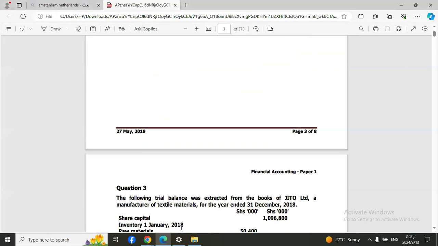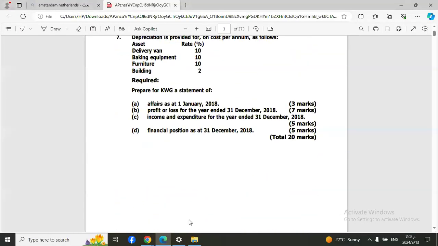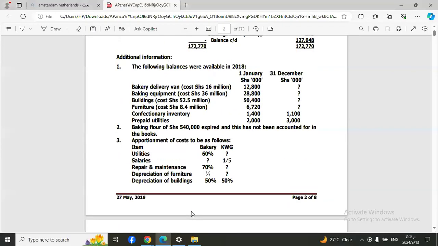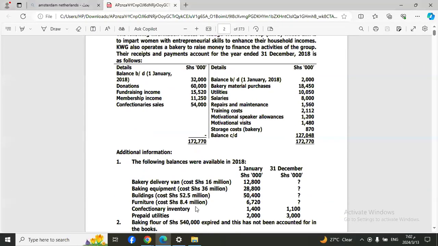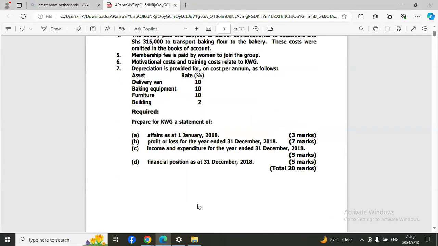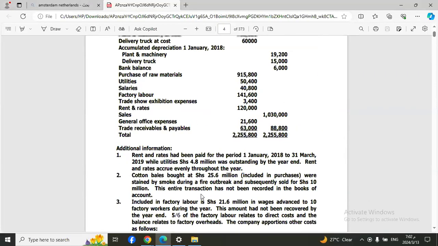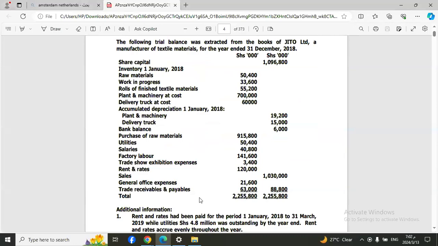Okay. So let me share my question here. You see, if you have to check some of the papers, they normally bring the financial statements. There's no paper you are going to do without such.